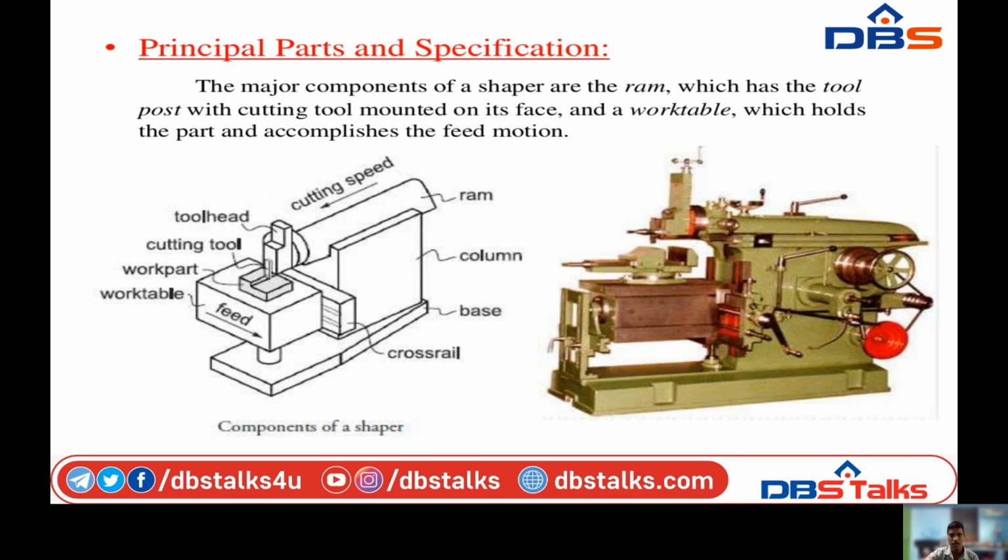Next, principal parts and specification of the shaper machine, that means the major components of the shaper machine. The major components are the ram, the tool post, and the work table. First I'm continuing with the ram. The ram is the main component of the shaper machine.